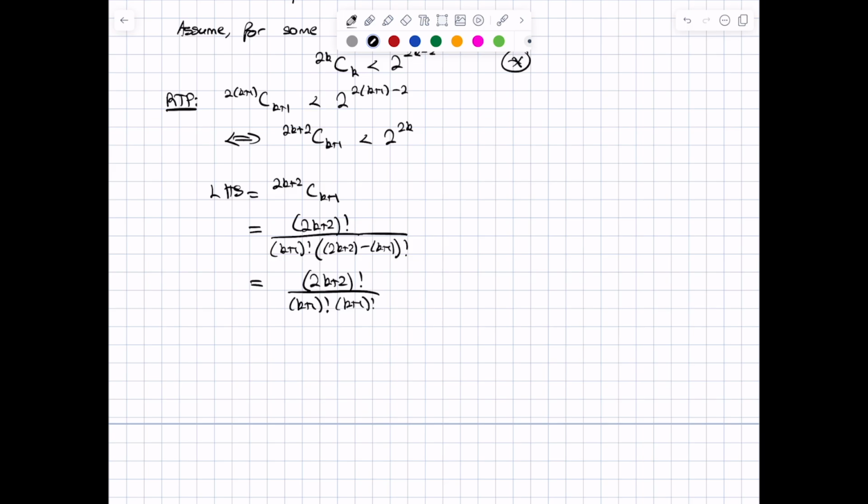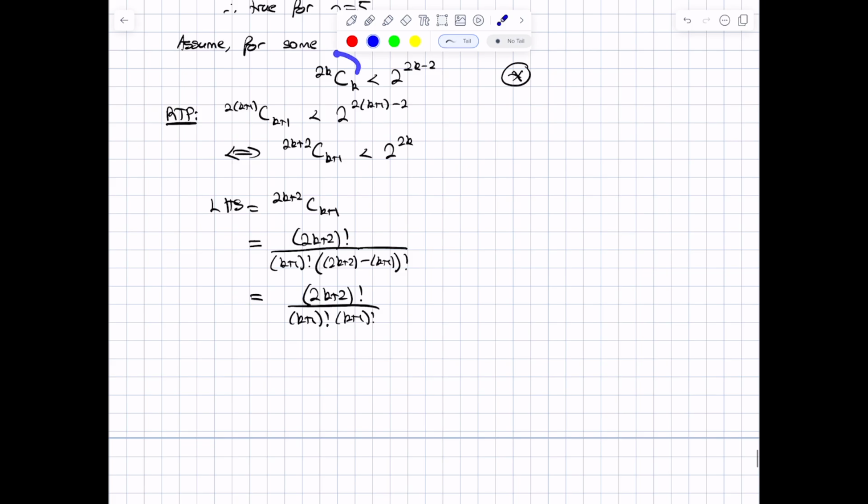Now if we have a look at what we have in our assumption, we have (2k choose k). If I write this on the side in its factorial definition, that's (2k)! over k! times k!. So I'm going to factor out a couple of terms from each of these factorials so that this expression appears.